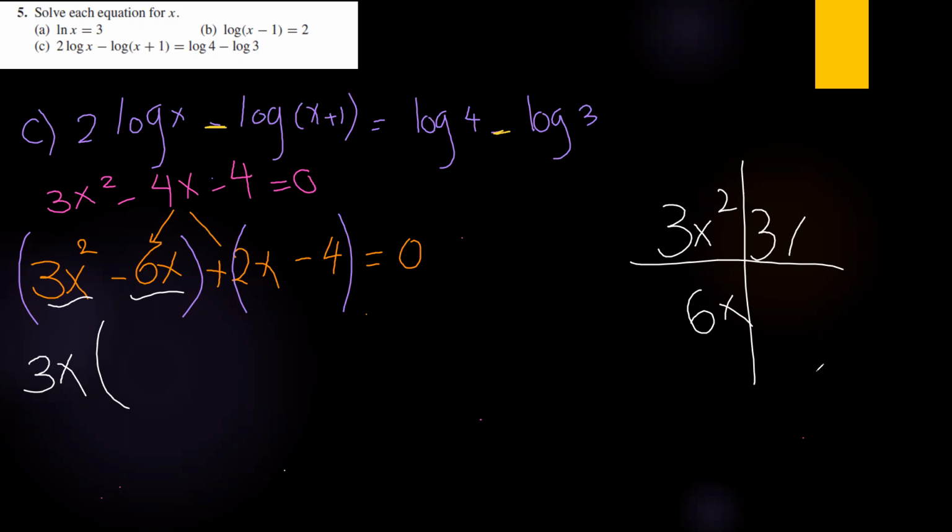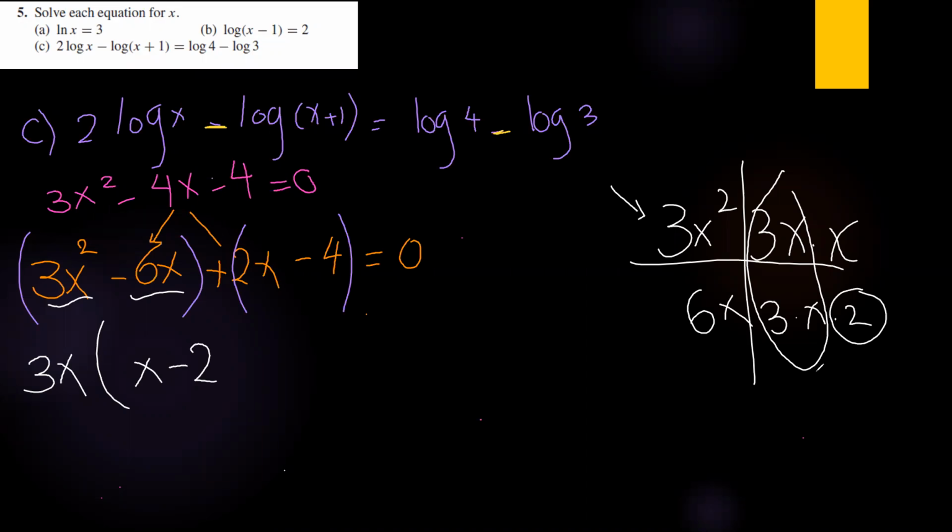We have 3 times x, and up we have 3 times x times 2. 3x is the common factor. We put it outside. Since we take 3x, what is left in the first bracket? x minus 2. And here we look at the second bracket. We have 2 as a common factor, so then x minus 2.